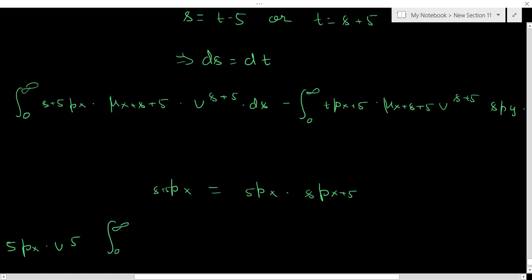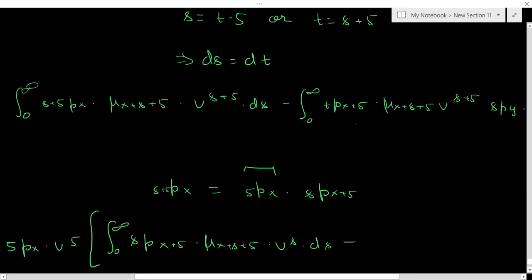Going from 0 to infinity, I'll be left with s p x plus 5, instead of x now, because that's how it gets separated. Mu x plus s plus 5 remains as it is, v to the power of s, because 5 is gone, ds. Okay, let's take everything in a bracket.